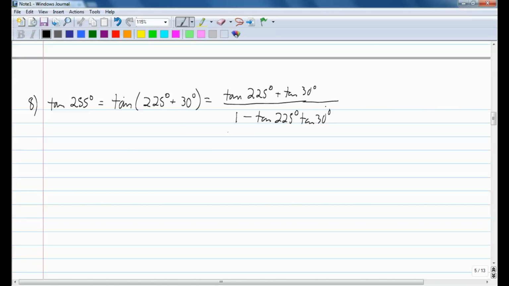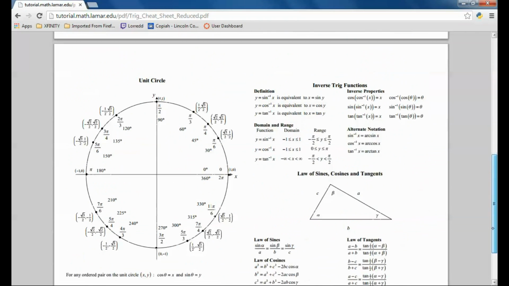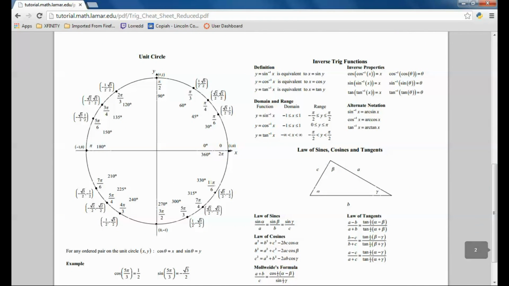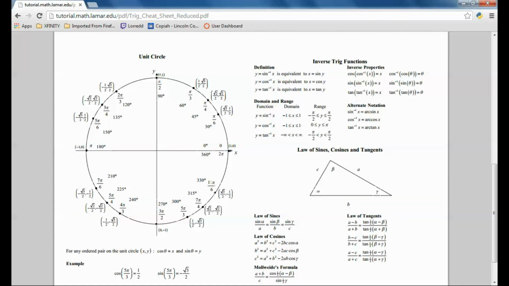Alright, so the tangent of 225 degrees, you can get really quick from your formula sheet. Remember, it's y divided by x. 225 is right here. Y divided by x, it's negative square root of 2 over 2 divided by negative square root of 2 over 2. So that's going to be 1 plus the tangent of 30 degrees.